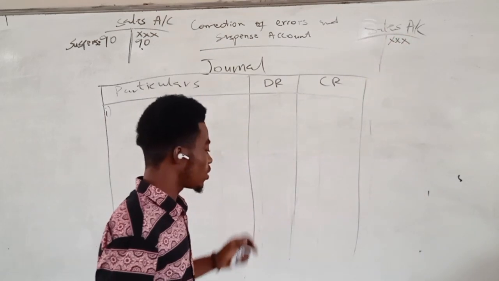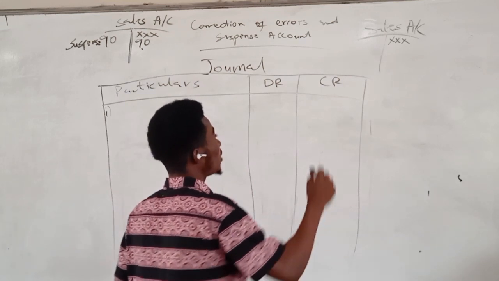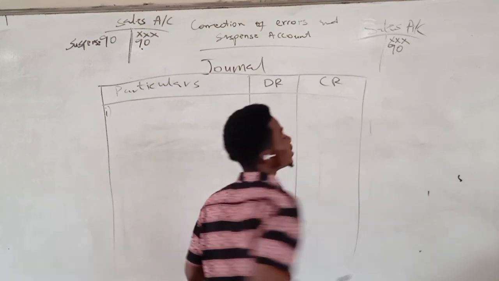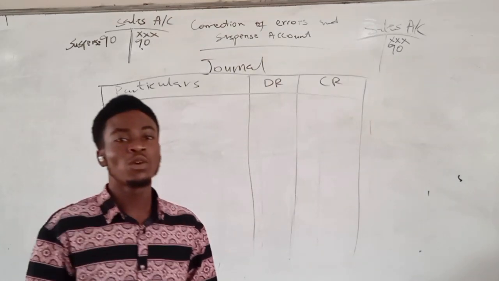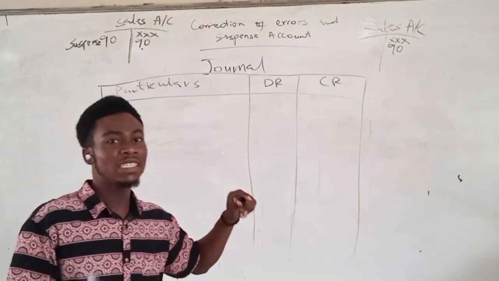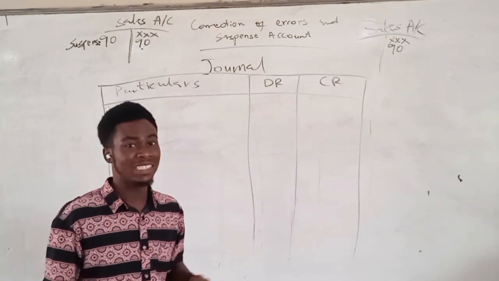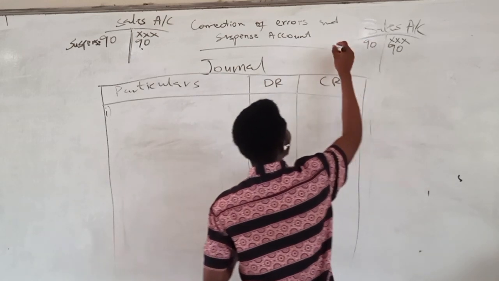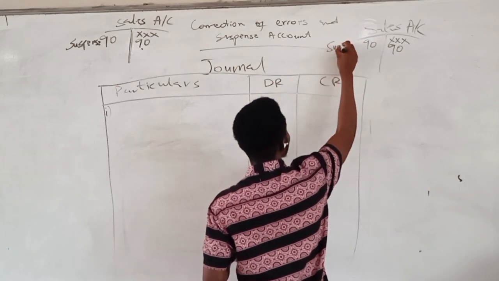So when sales is overcast by 90, it means this side is overcasted by 90. How do we correct it? We correct it by debiting sales with the same 90, the same figure which was overcasted. So now sales is debited by 90 in the name of suspense.